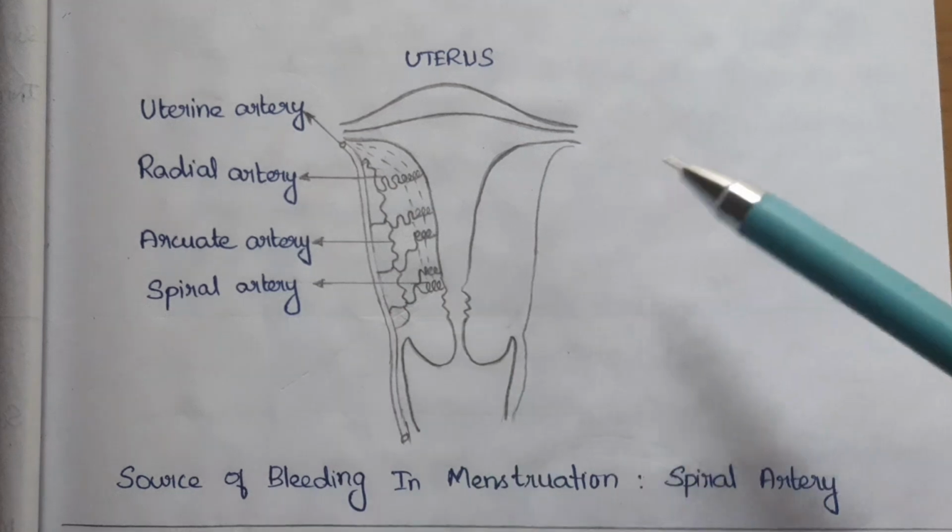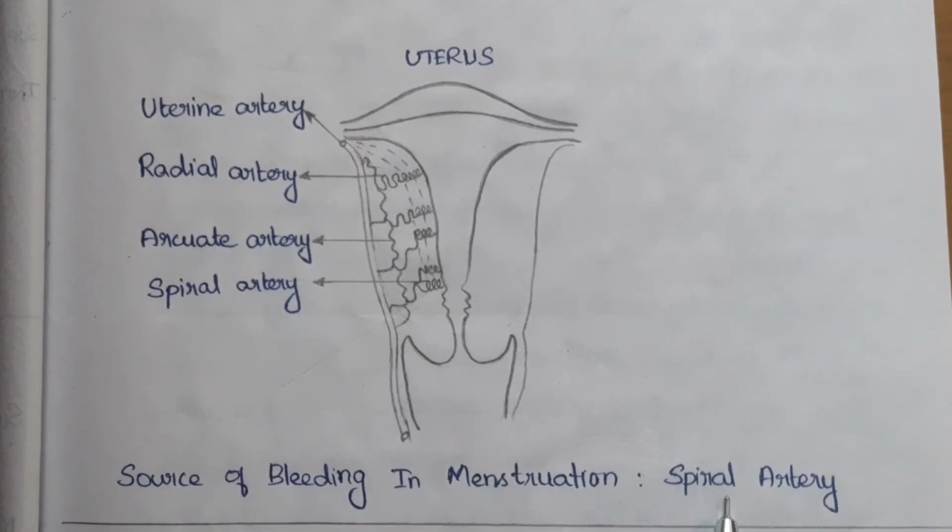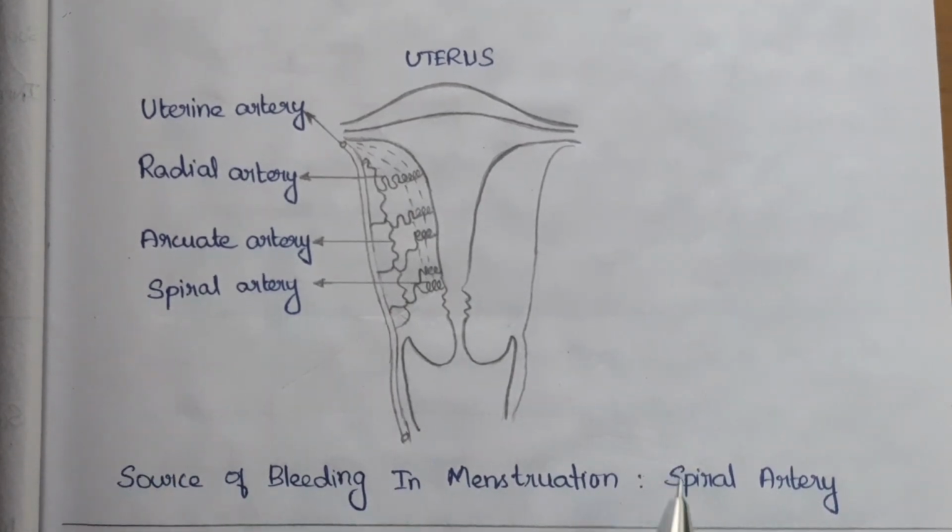The most common source of bleeding in menstruation is the spiral artery.